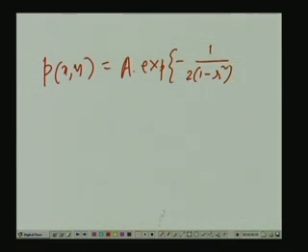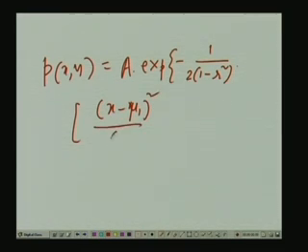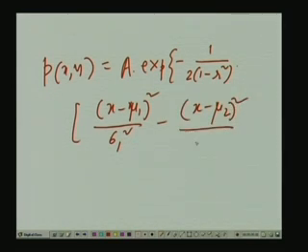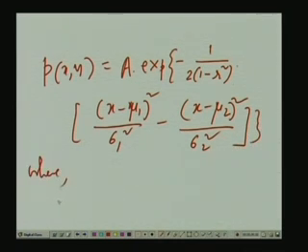Times within bracket, where, you see, this has to qualify for a probability density function.